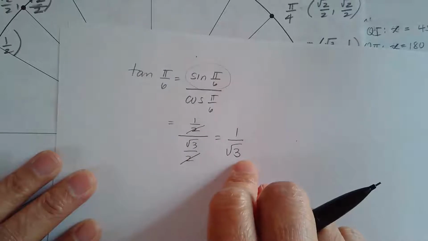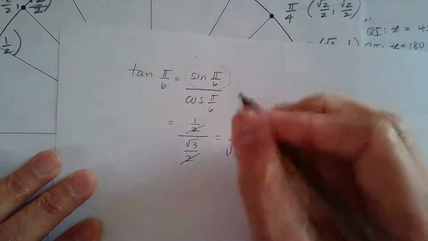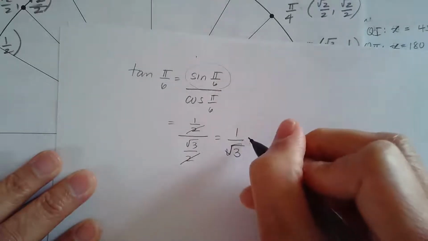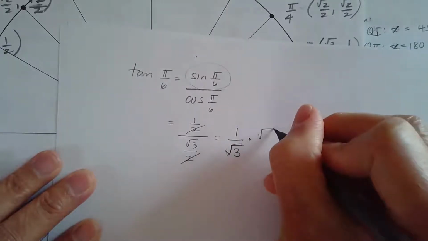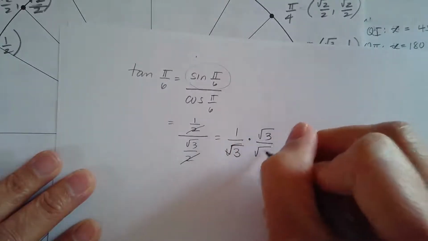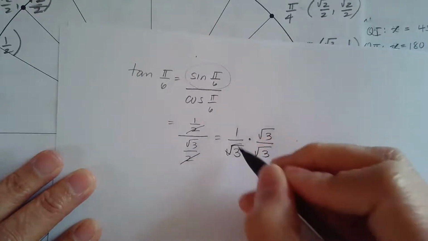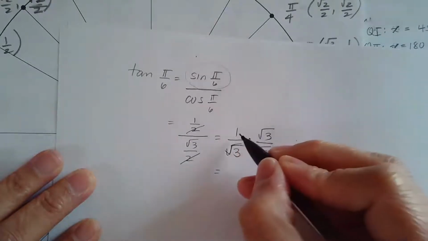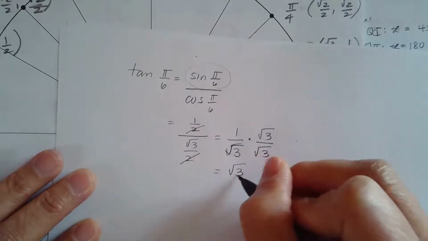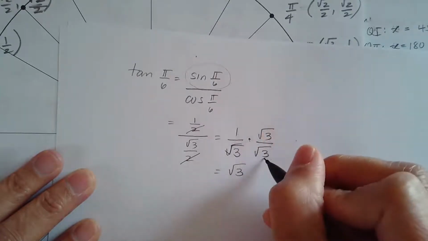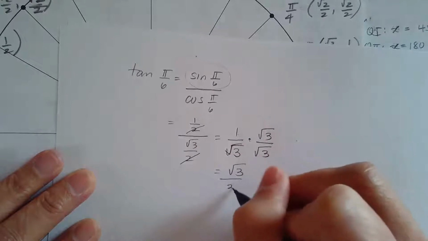Normally, this is what we see. But if we rationalize the denominator in this particular case, that means we're going to multiply by √3 over √3. So we're really multiplying by 1, so we're not changing the value. 1 times √3 is √3. √3 times √3 gives us √9, which is 3.